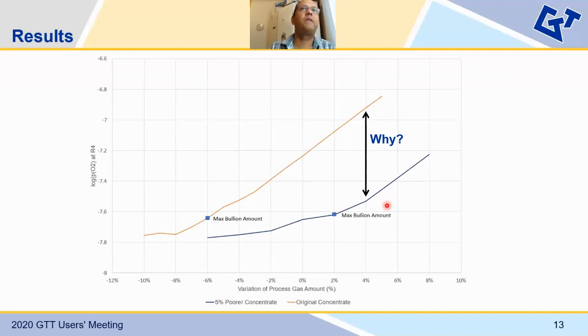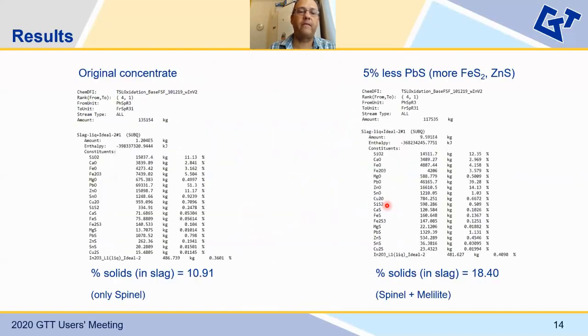To try to clarify this, we took a look at the phases, I mean, which phases we have at the end of the process in each reactor, in each zone, for a situation with 4% more processed gas than the original one, and for both scenarios, the original concentrate and the 5% purer concentrate.